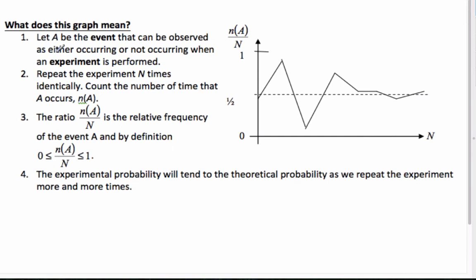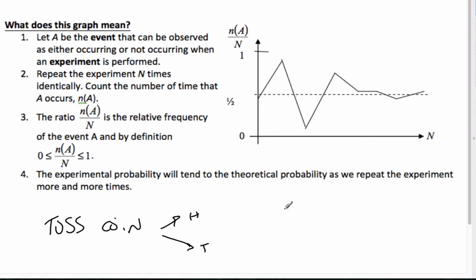So then, here we have a graph, and I want to know, what does this graph mean? Well, here are some of the points of this graph. Let A be the event that can be observed as either occurring or not occurring when an experiment is performed. So let's say my event is tossing a coin. So I know it could be either heads or tails. Then I'm going to repeat the experiment n times, identically, and count the number of times that A occurs.